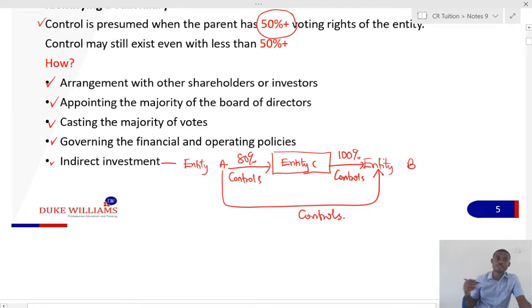Because of entity A's investment in entity C, and because entity C controls B, entity A indirectly controls B. And we'll be looking at the effective control. We call it effective control. And that requires that there should be consolidation. So we'll look at the details of that when we are looking at the group structure.